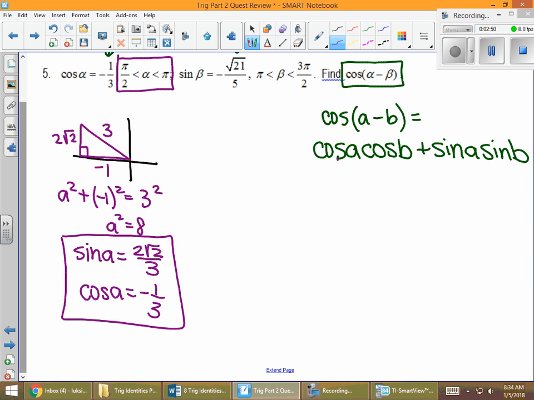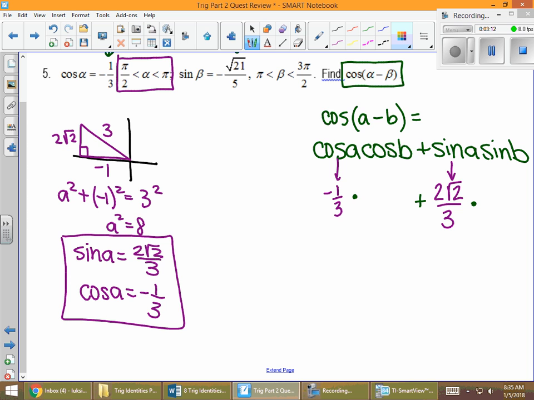If you want to enter those values right now, you absolutely can. Oops, sorry, that should be under sine of A. So, good start.